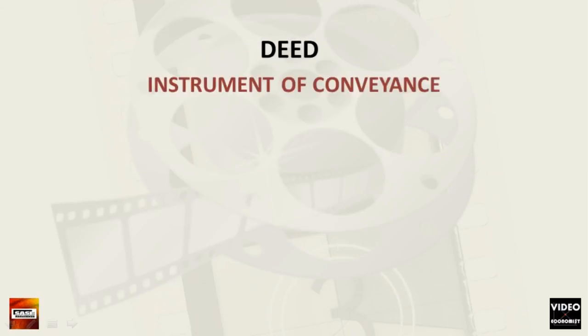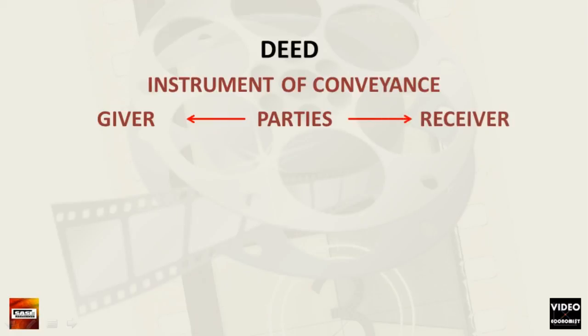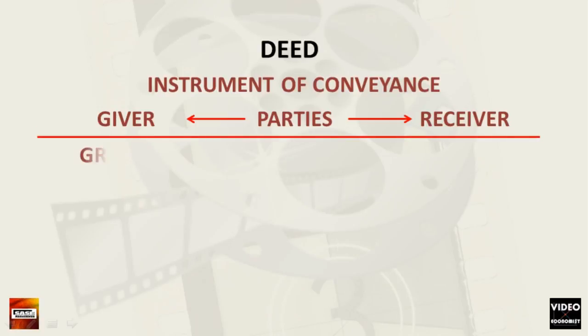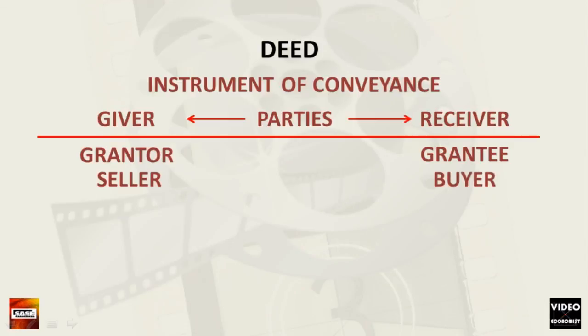As we said, this deed is an instrument of conveyance between two parties. And as we have seen before, the two parties are the giver and the receiver. Now, if we look at the transaction that occurs between giver and receiver, an example here is the giver is a grantor and also the seller, and the receiver is the grantee and buyer of the property.